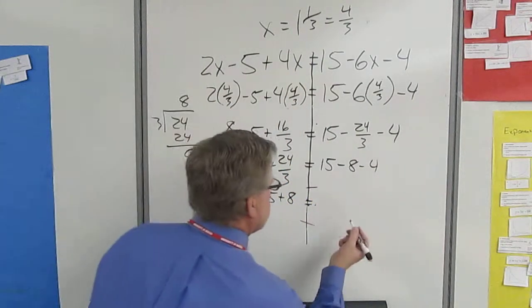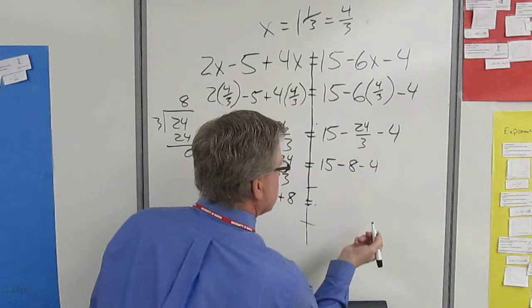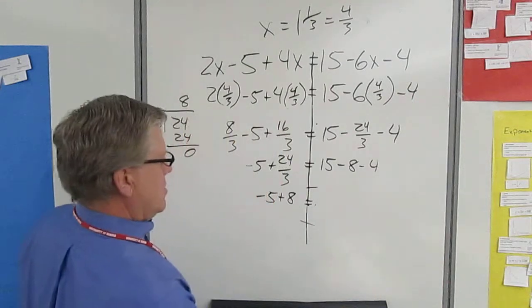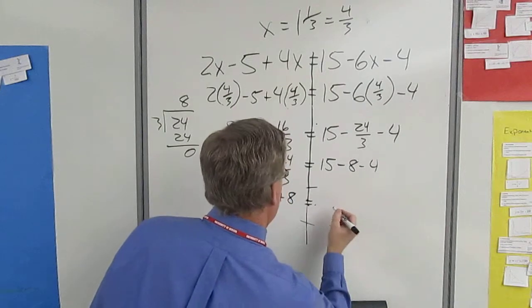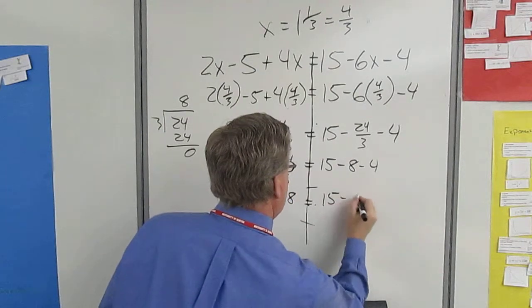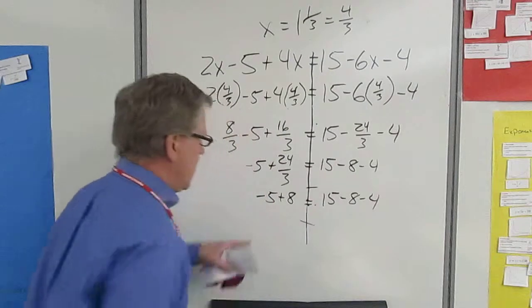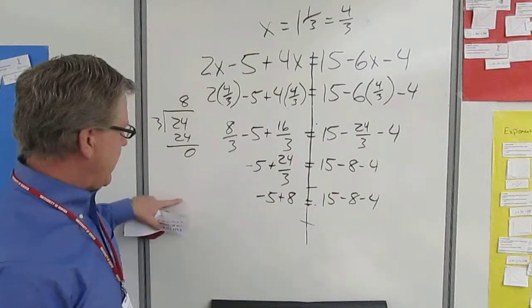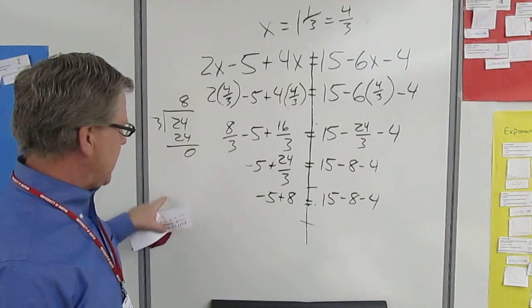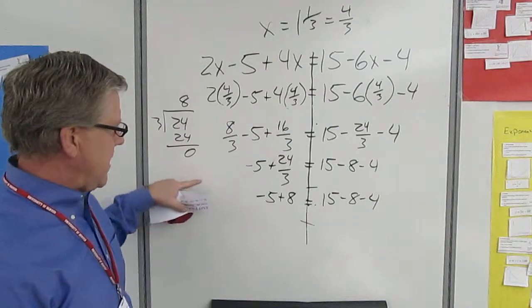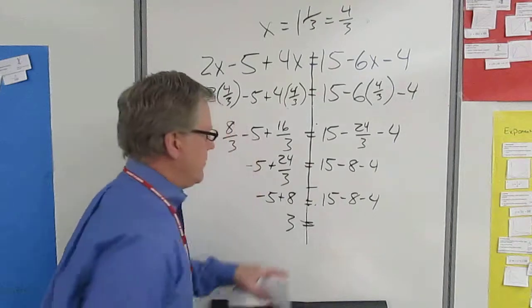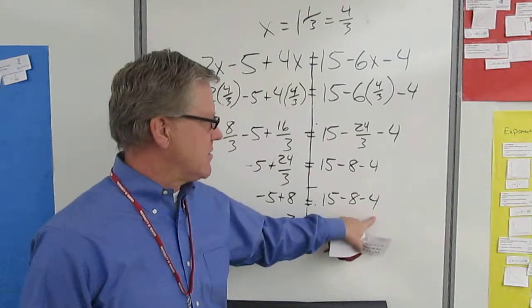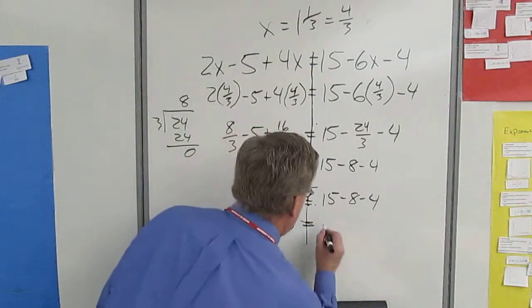So let's bring this down. Let's go 8 minus 4, it is 4. All right. What's negative 5 plus 8? If we're going down the timeline, negative 5, we're this side of 0, plus 8, it's going to give us 3, correct? 15 minus 8 is 7, minus 4 is 3.